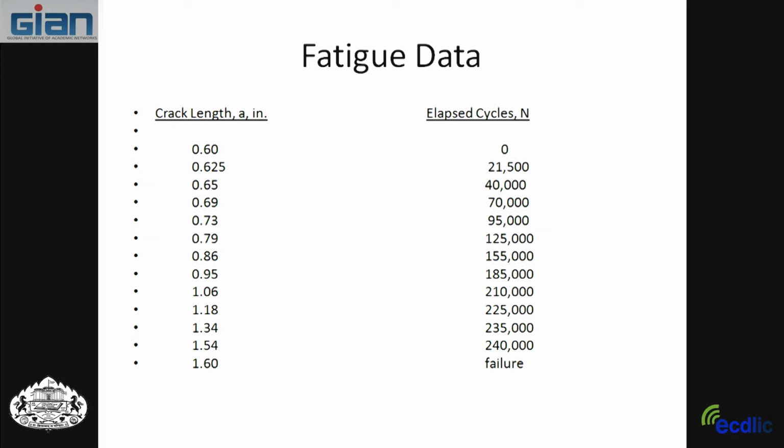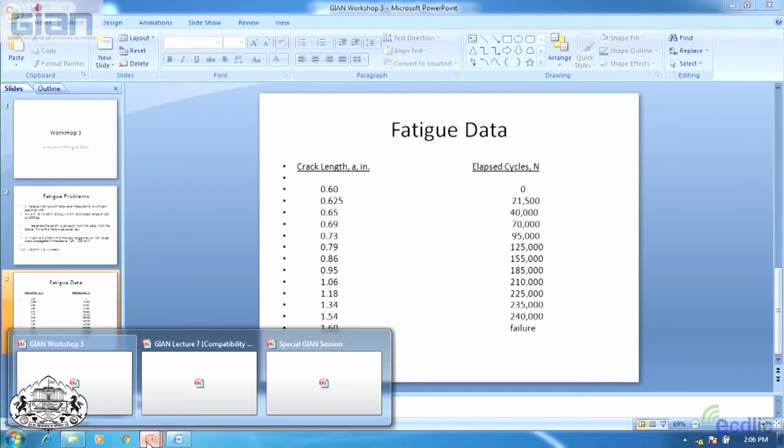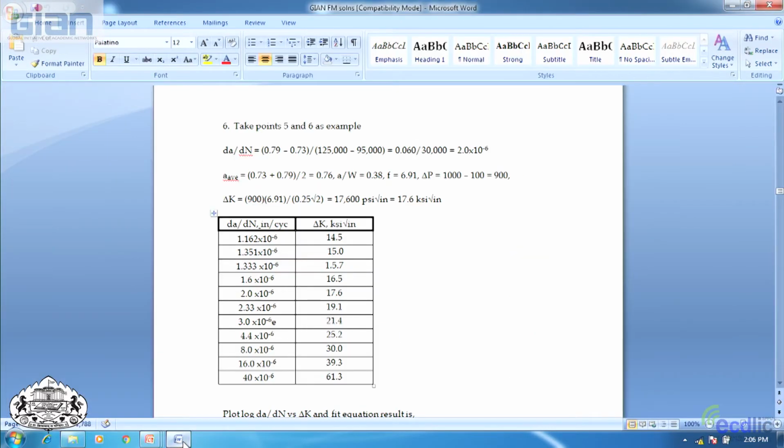Now, I have to go to my solution in the Word document. I took one pair of points as an example, and then we'll look at all the points. Number 5 and number 6, again, you have to do between adjacent points.